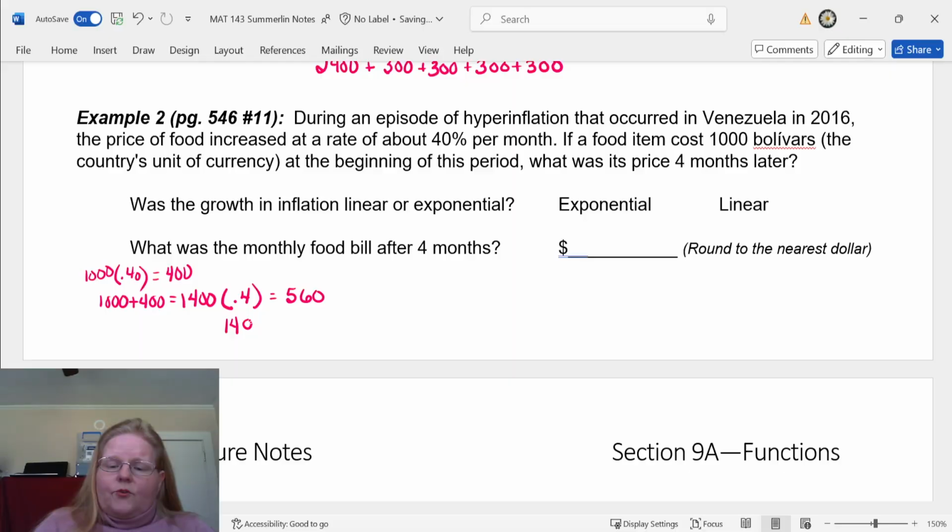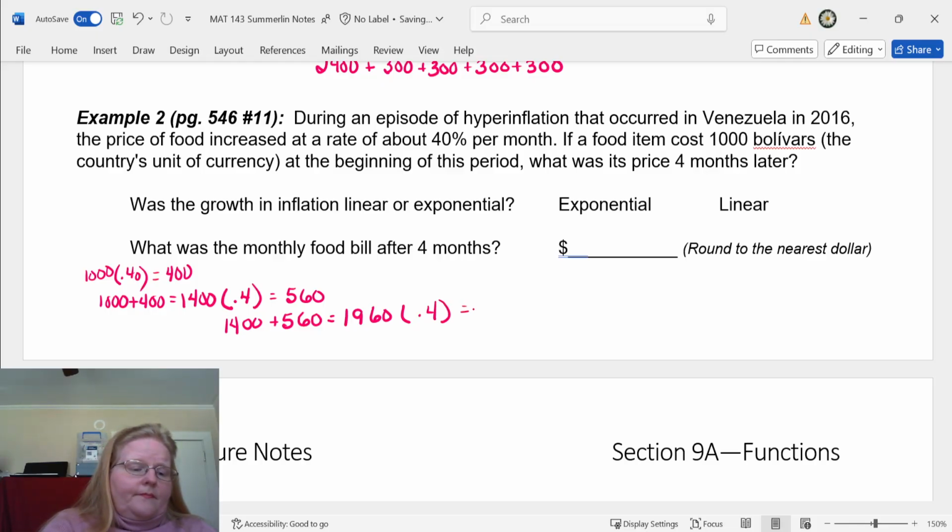So I've got my 1,400 plus my 560. That is 1,960, that's after 2 months, times my 0.4. That gives me 784.